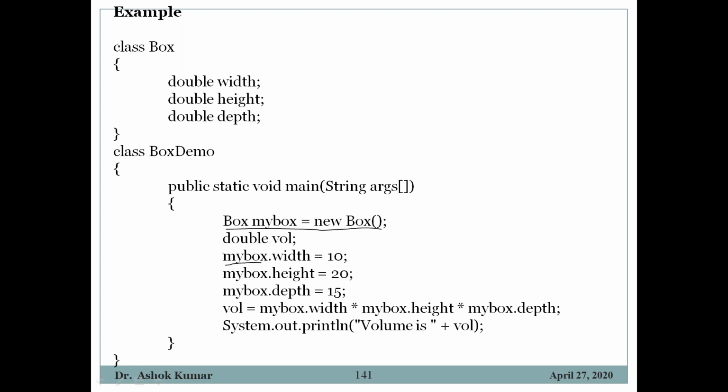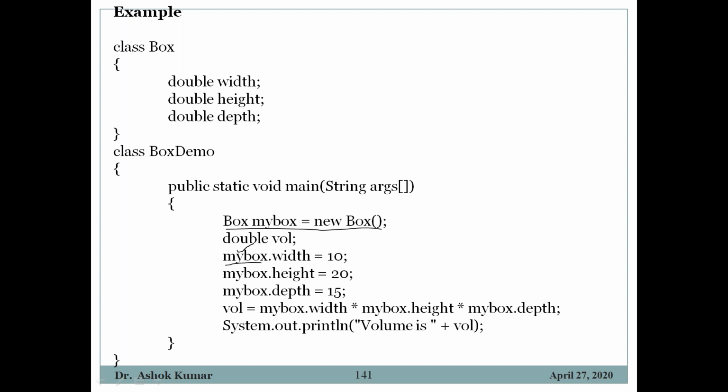In the coming classes I will use the term object for the instance, because these are also called instance, to avoid confusion between instance and instance variable. So this is the object my box dot, this is the instance variable, and we are assigning 10 to it. Similarly, we are assigning 20 to height and 15 to the depth member of my box.